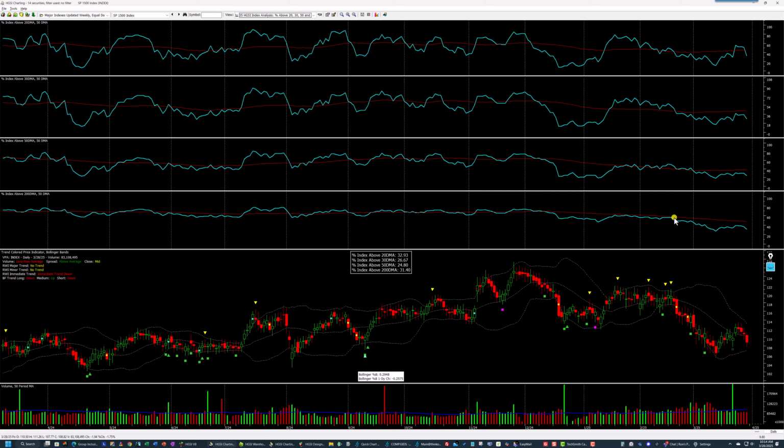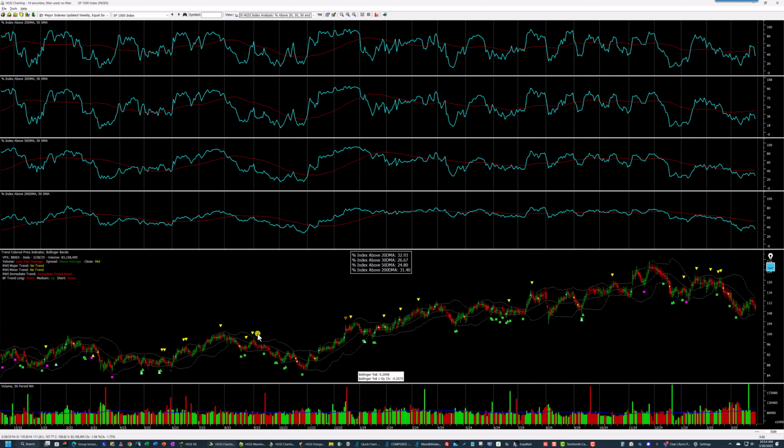Now, I'm going to back out of here. When we have a really strong market, as I pointed out before, you're going to see all of these stocks within an index jump above their moving averages. It'll start up here and then, if you follow it down, finally get down to the percent above the 200-day.